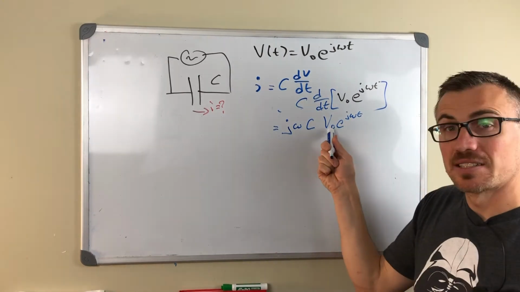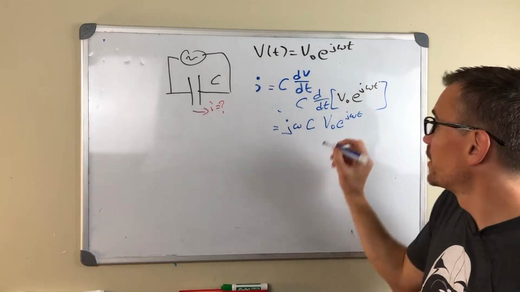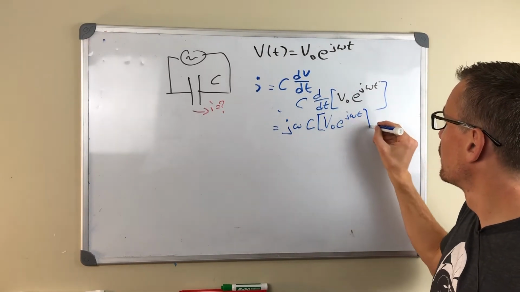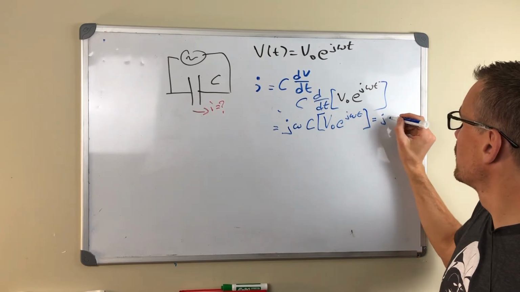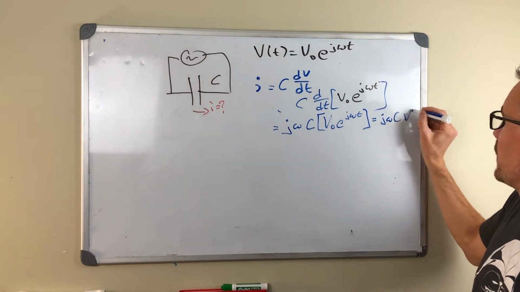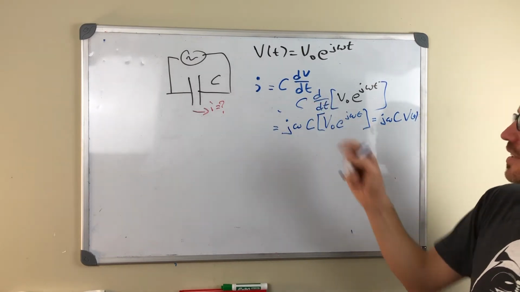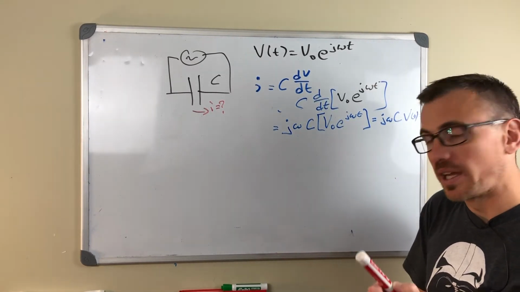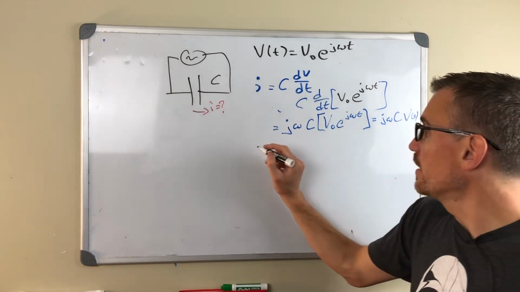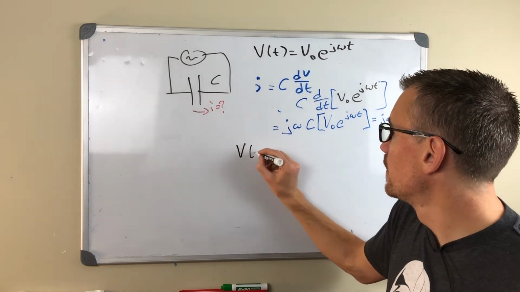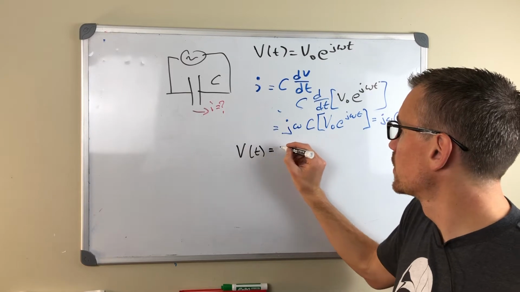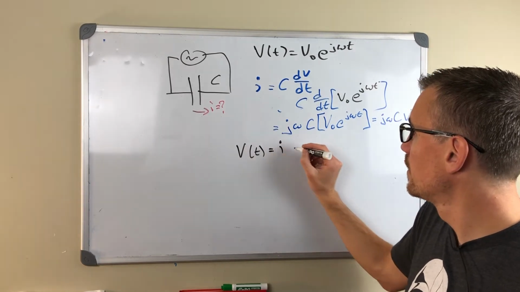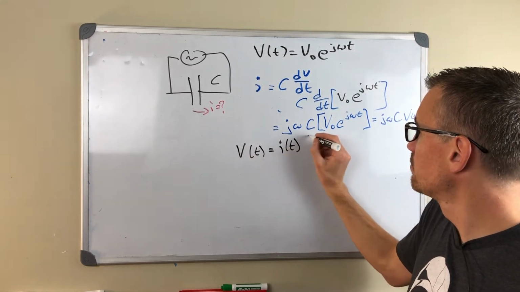Aha, but look at this. This is our original voltage that we started with. So the current is equal to j omega C times V of t. Now let's write this in a V equals IR kind of way. We're going to write equivalently V of t is equal to I of t times some stuff.